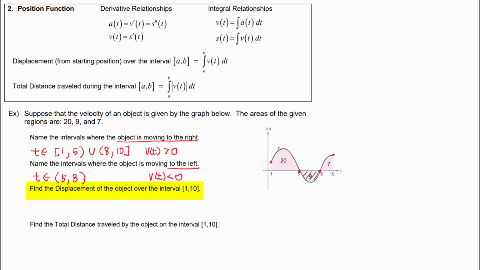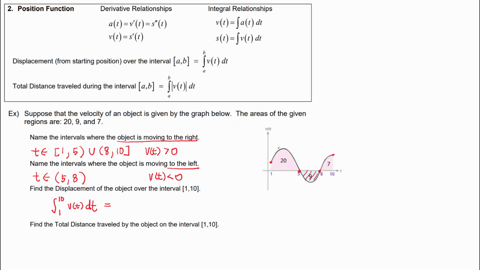Find the displacement of the object over the interval 1 to 10. As you see above, displacement over the interval 1 to 10 is just the integral from 1 to 10 of v of t dt. And they gave you already the area under the curves.